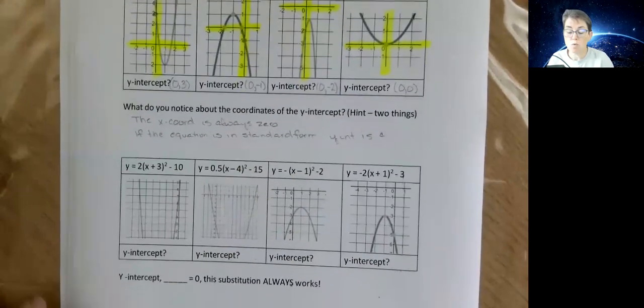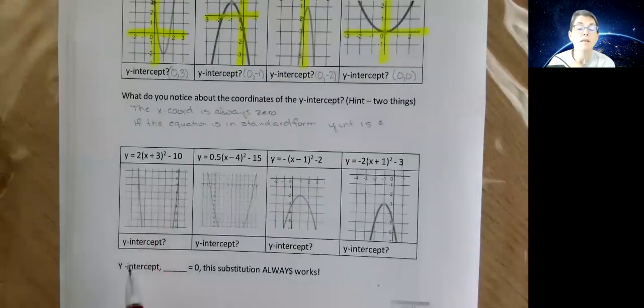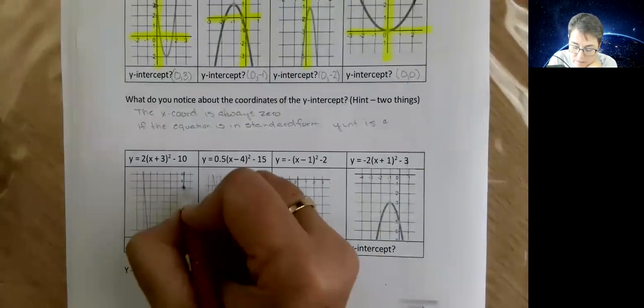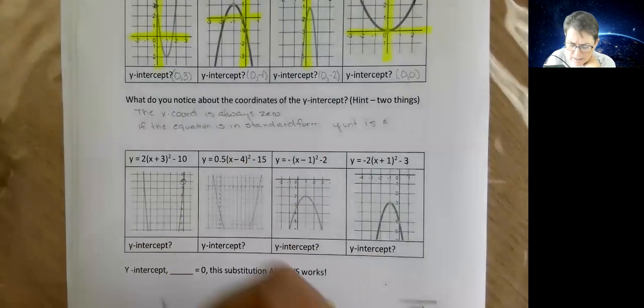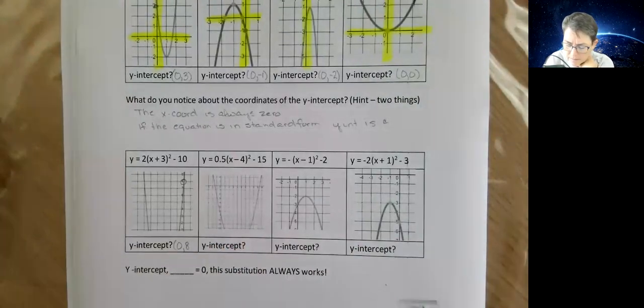Okay, so let's see what happens when we have something in the vertex graphing form. Let's do it the same way. Let's look at the graphs first. So oh goodness, those are pretty tiny. (0, 8). Can you do the other three?